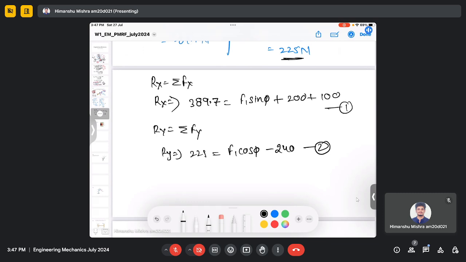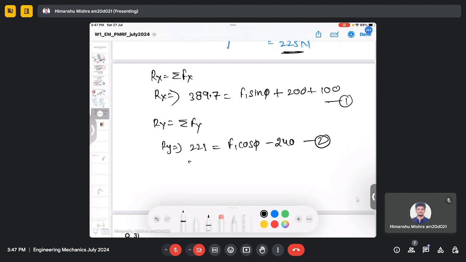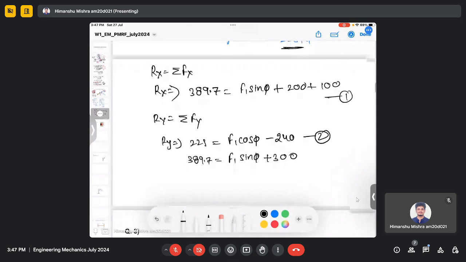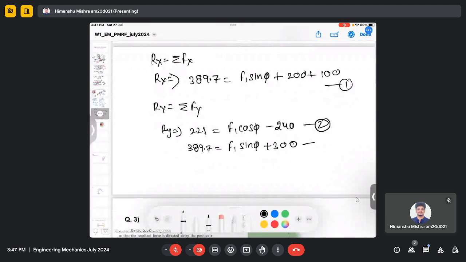Now we can solve equation 1 and equation 2. Let me rewrite equation 1. If I divide equation 1 by 2, I can calculate this angle.